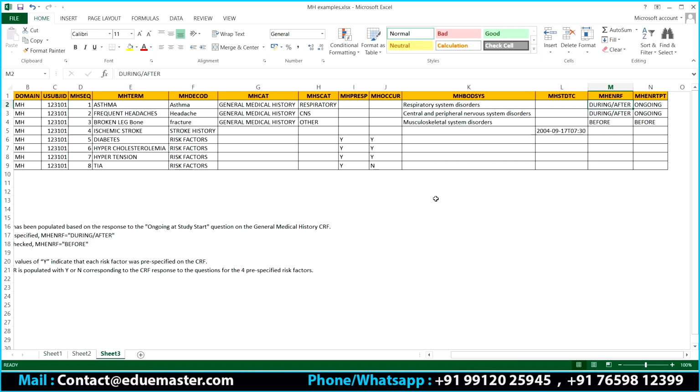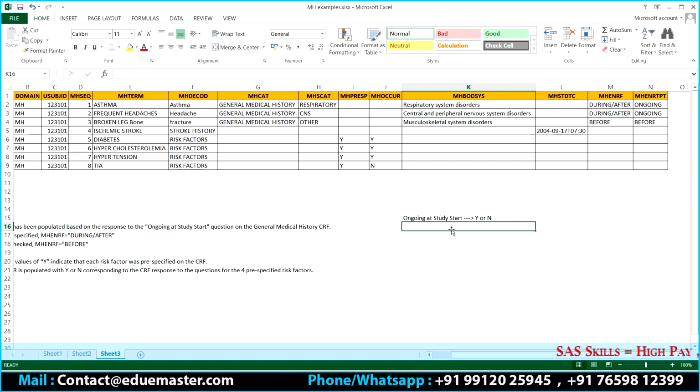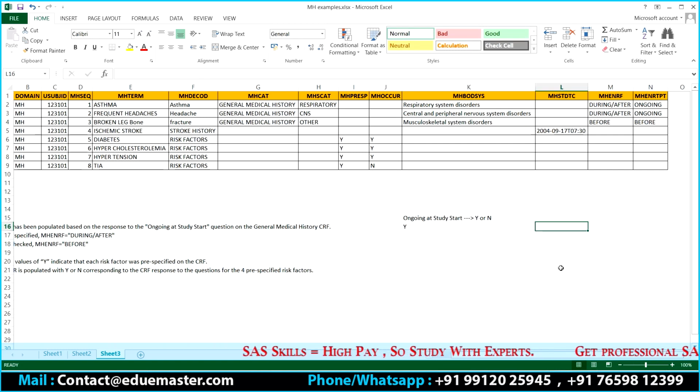It is going to have two things. The question is going to be ongoing at study start. This is part of your screening and it is part of your CRF. There will be two answers populated for it. Either yes or no. Meaning, if it is marked as yes in your CRF for this particular question, it is an ongoing event.